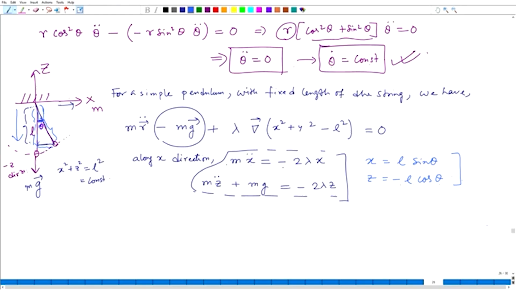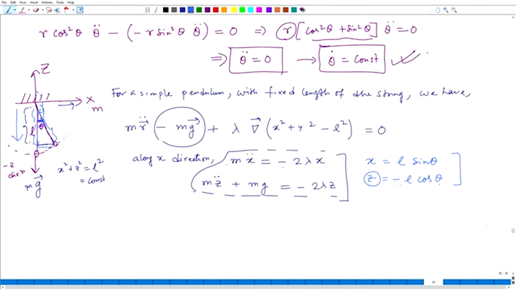This is just a convention to make sure that z is negative. You can also redefine your angle theta from this direction and get the same situation. Just try that as well.